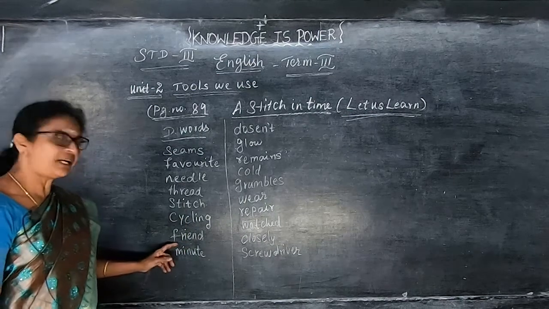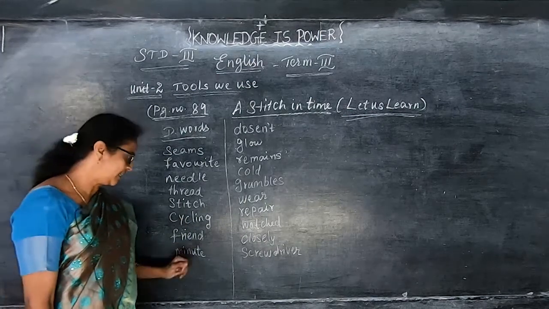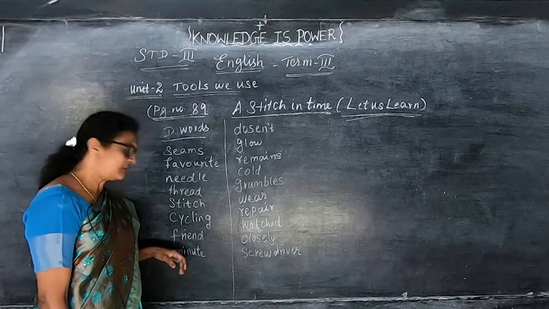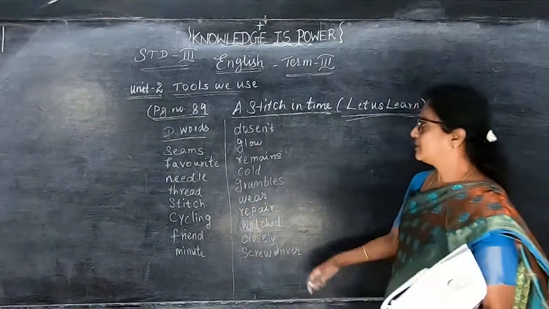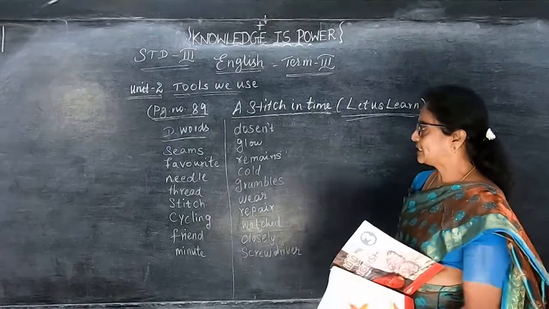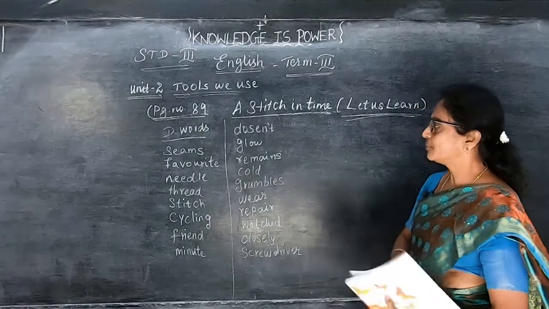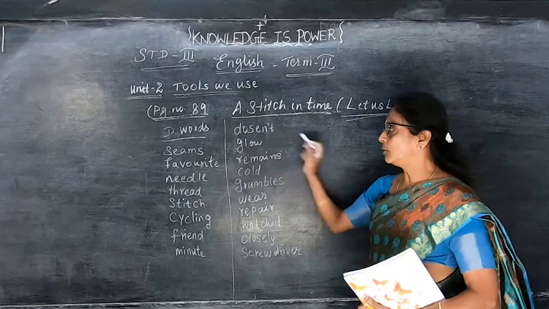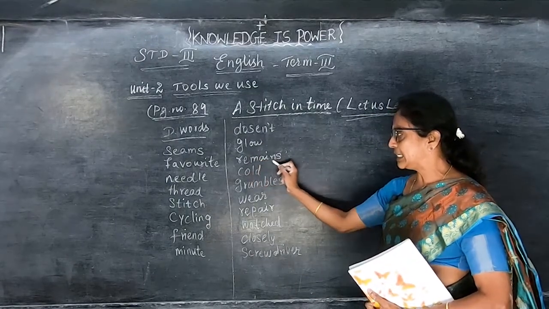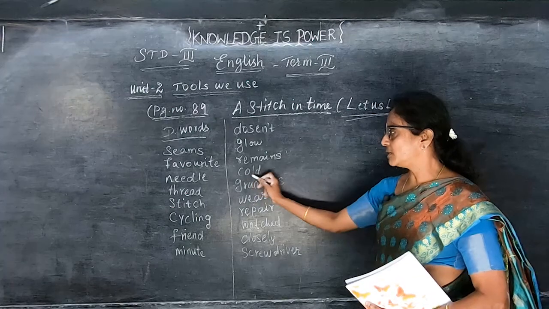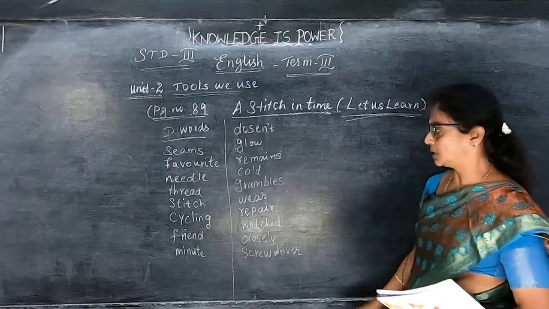Friend, F-R-I-E-N-D. Minute, M-I-N-U-T-E. Then doesn't, D-O-E-S-N-T. Glow, G-L-O-W. Remains, R-E-M-A-I-N-S. Cold, C-O-L-D.